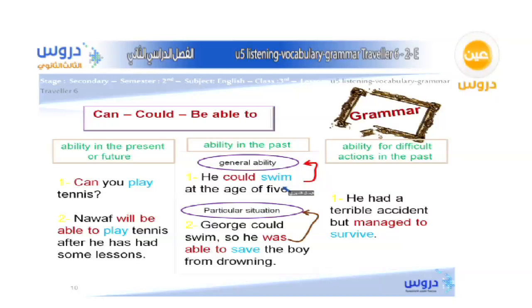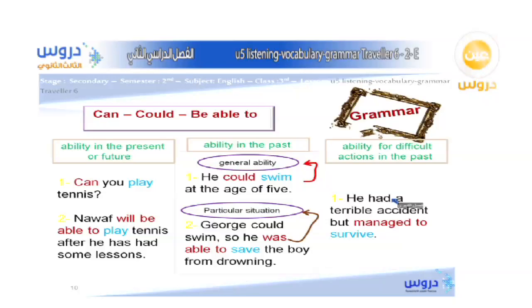The first one is general ability, which is swimming at the age of 5, but the second one is just dealing with helping someone else to save the boy from drowning. Okay, so we are using was able instead of could. Why? Because we are talking about particular situations. We are not talking about general ability. If we do talk about general ability, we might use could instead of able to.